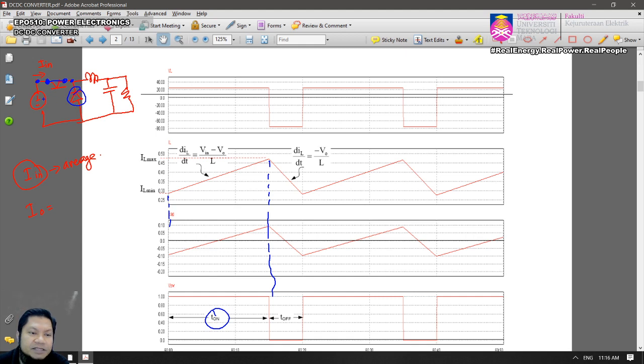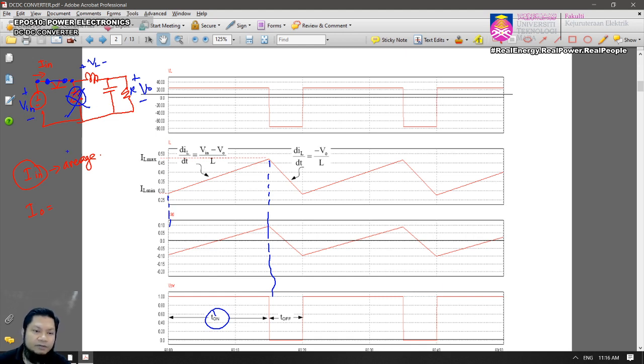It will be reverse biased by the input voltage. So this is your V in. Therefore, it will appear as an open circuit, and now current will flow into the inductor. So you have VL here, plus minus, and you have V out across the R here, isn't it?